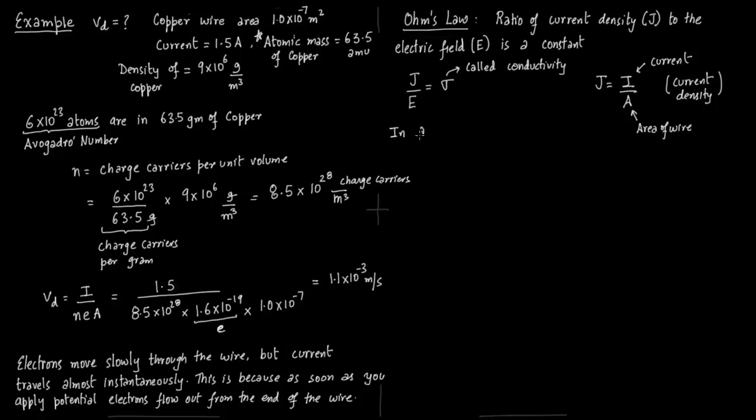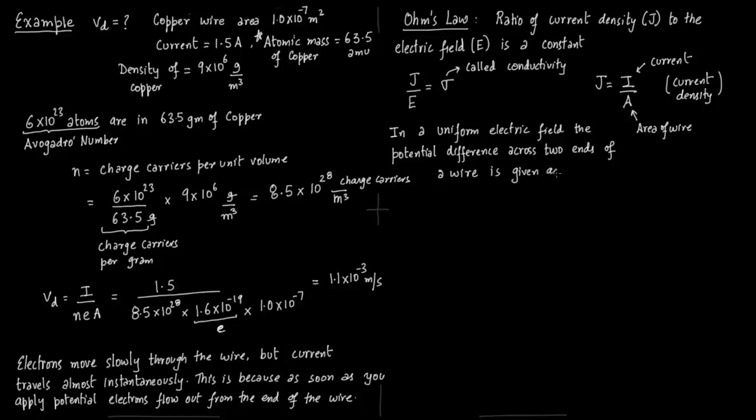Say if you have a uniform electric field, then the potential difference across two ends of a wire is given as, so this is the wire, it has two ends, the length of the wire is L, you have I and electric field both in the same direction.